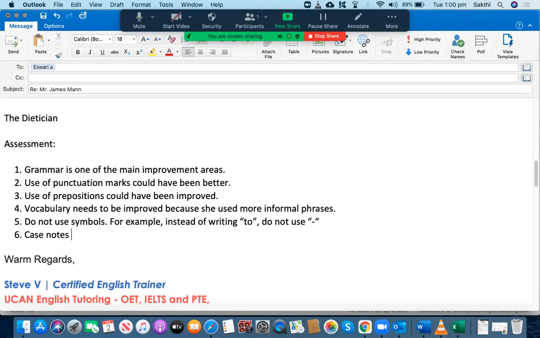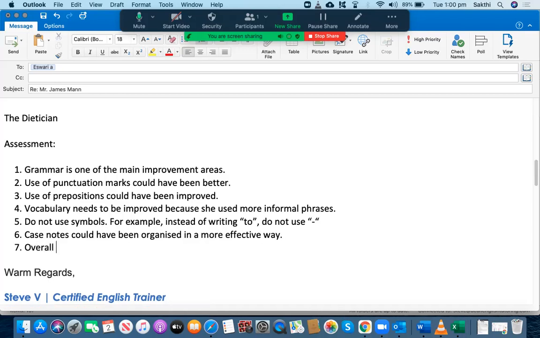Case notes could have been organized in a more efficient way. Could have been organized in a more effective way. Overall task fulfillment is okay, it's not that bad.